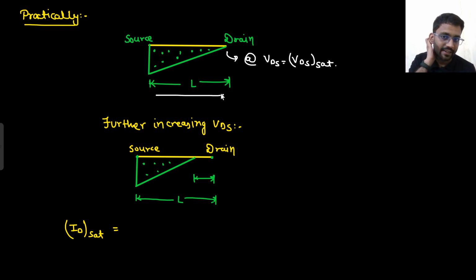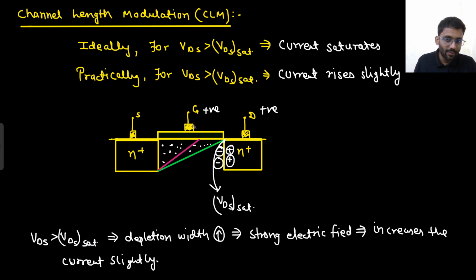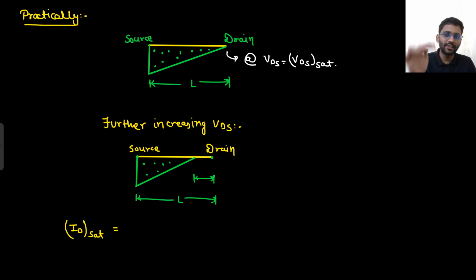Initially the channel length was L. In my complete channel there are some charge carriers. Now your effective channel is reduced. It will keep on reducing. Let's assume it is reduced by delta L. Your effective channel is reduced by delta L.